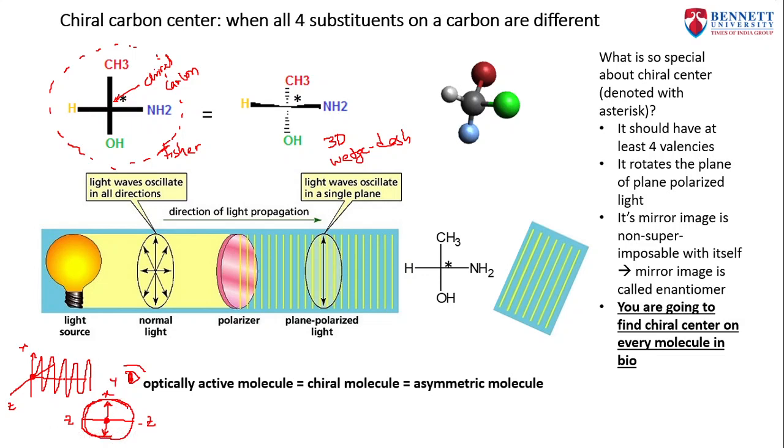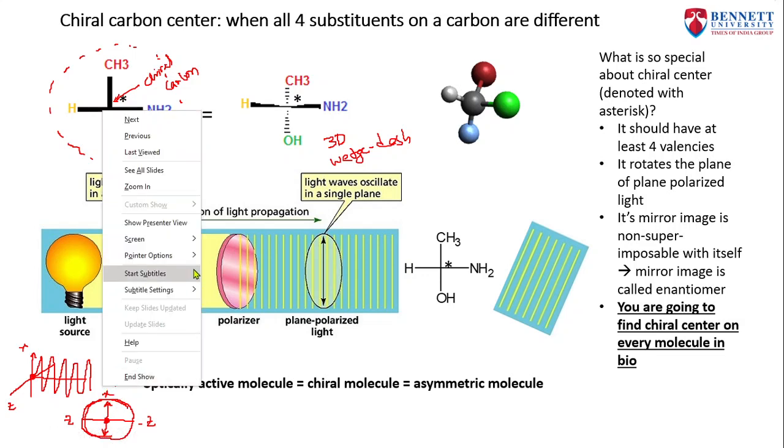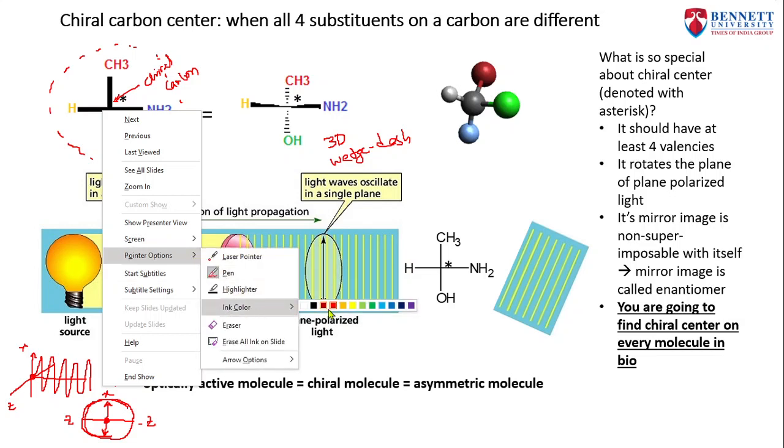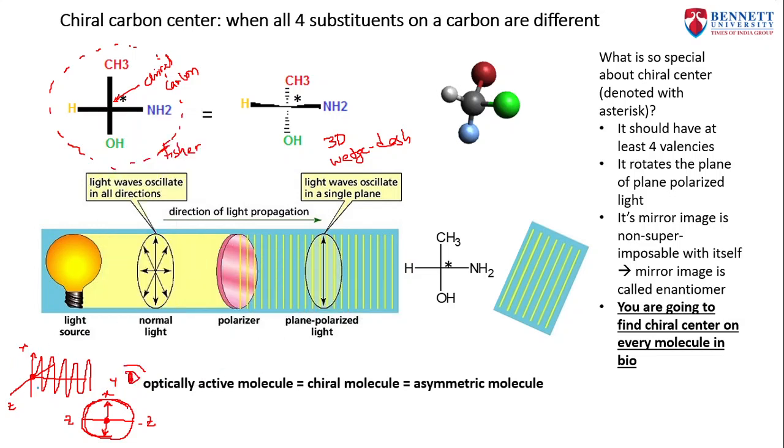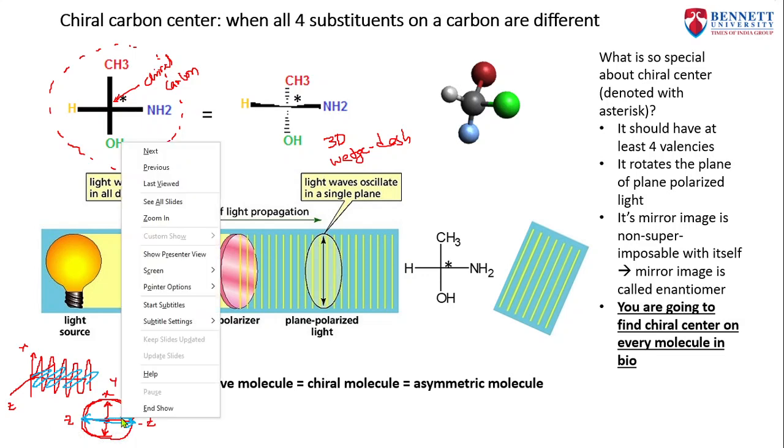As I said, it's in all directions, meaning it will also have another light in, let's say, the yz plane. So let's draw it that way. That oscillates in the yz plane. So xy is oscillating like this, and yz is like this.